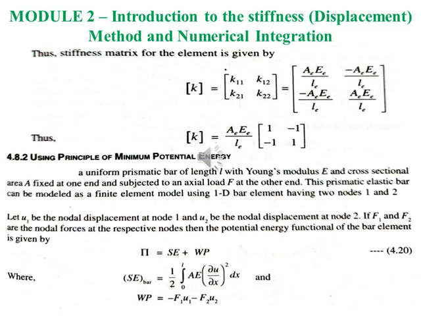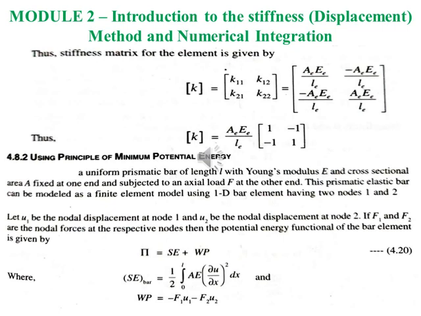So again, let us consider a bar of length L, Young's modulus E, cross-sectional area A. It is fixed at one end, and at the other end load F is acting. The prismatic elastic bar can be modeled in a finite element model using a 1D bar element having two nodes, 1 and 2 respectively. Let u1 be the nodal displacement at node 1 and u2 be the nodal displacement at node 2.